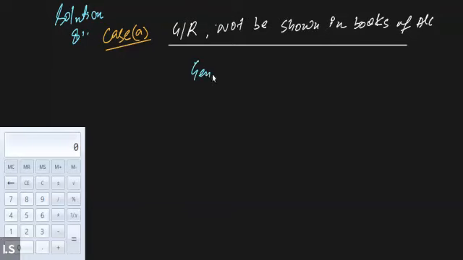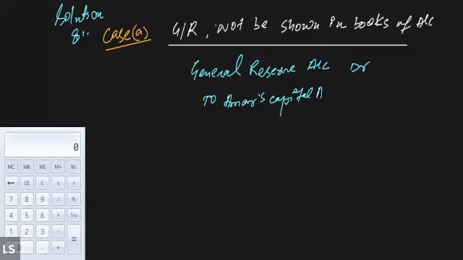General reserve account debit, to partners' capital accounts. Who are the partners? Amar and Akhar. To Amar's capital account, to Akhar's capital account.